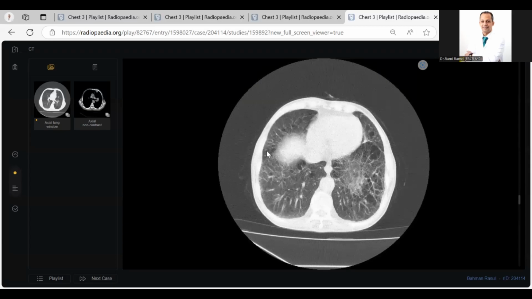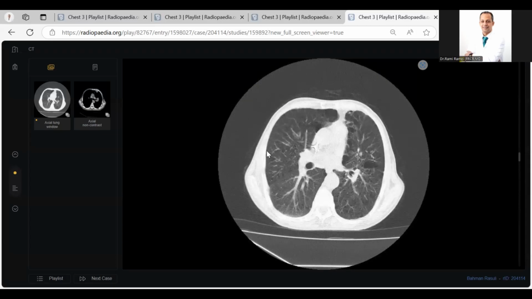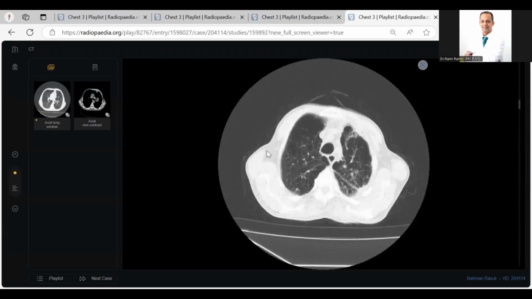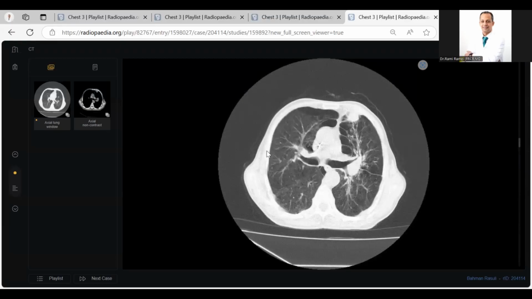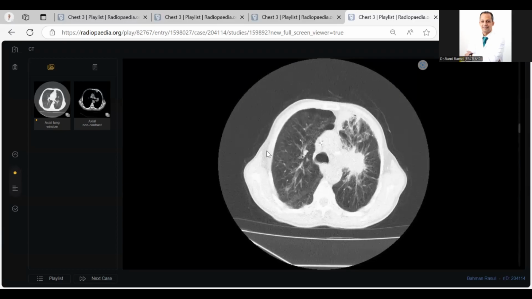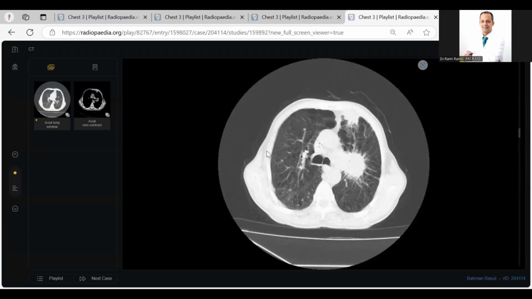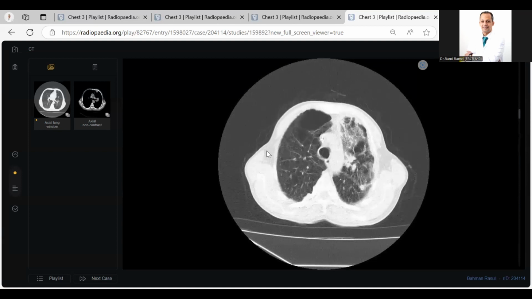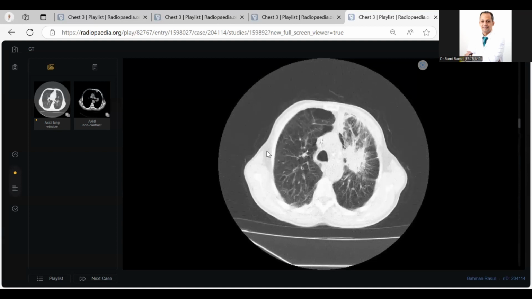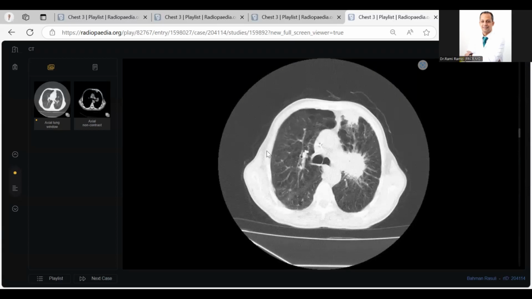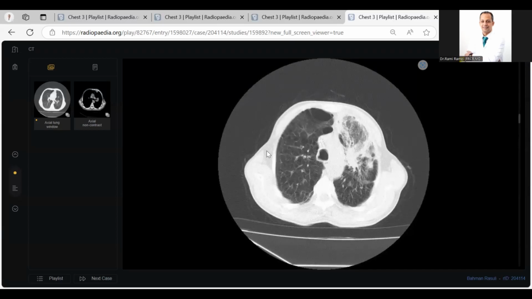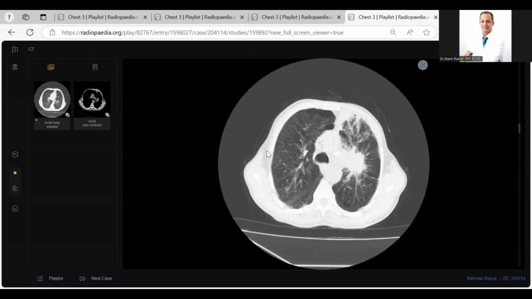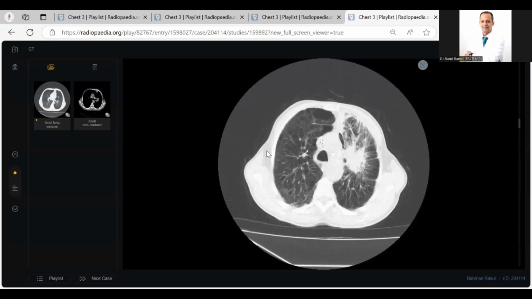This is a case of COPD, a hyperinflated chest with multiple emphysematous changes. I could see here there is a large spiculating mass, a spiculating hilar mass, extending to the hilum and most probably infiltrating the left upper main bronchus, resulting in some sort of volume loss.